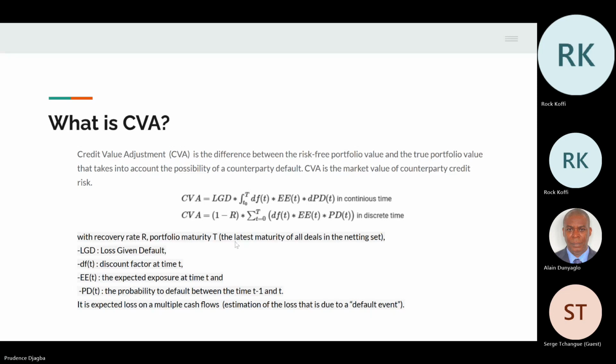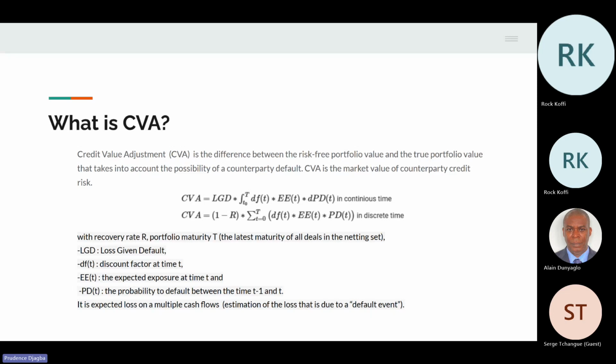In our presentation, I will explain how we can derive the expected exposure at a given time t, and the probability of default in a given time frame. Here, the probability of default is cumulative, the cumulative probability of default from time t minus 1 to time t. And the discount factor: sometimes, I will show an example now.